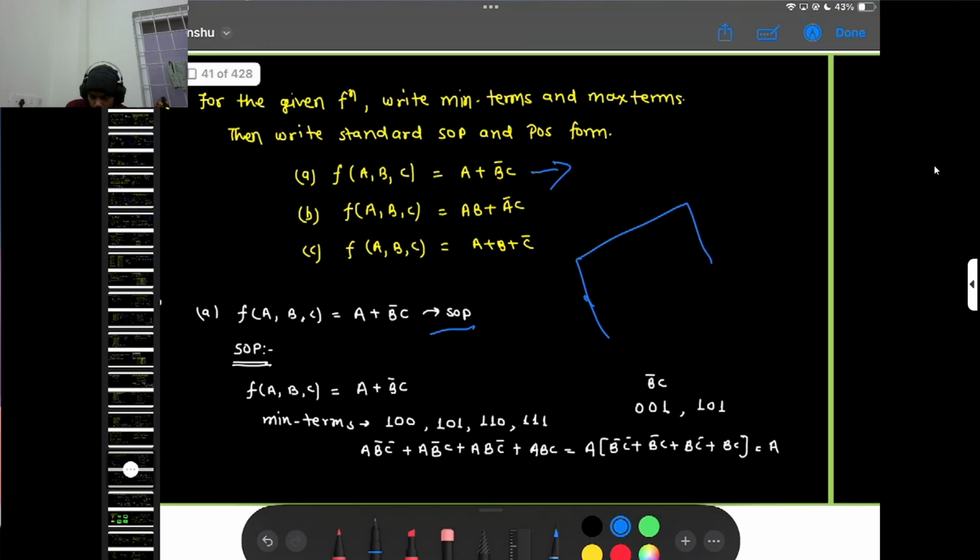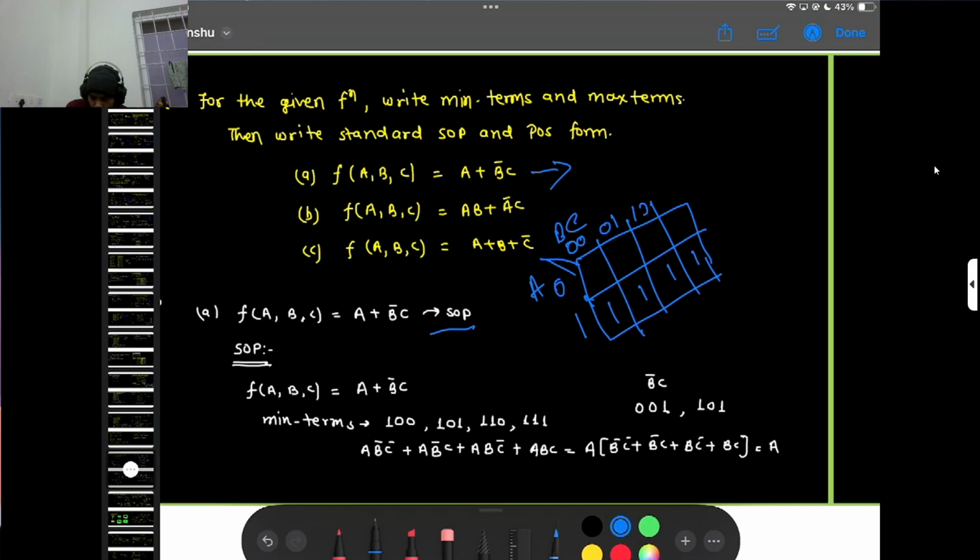Just go through the scheme, it is easy. Like A 0 1 1 1 1 1, and B bar C 0 0 0 1 1 1 1 1 0. So B bar C this.